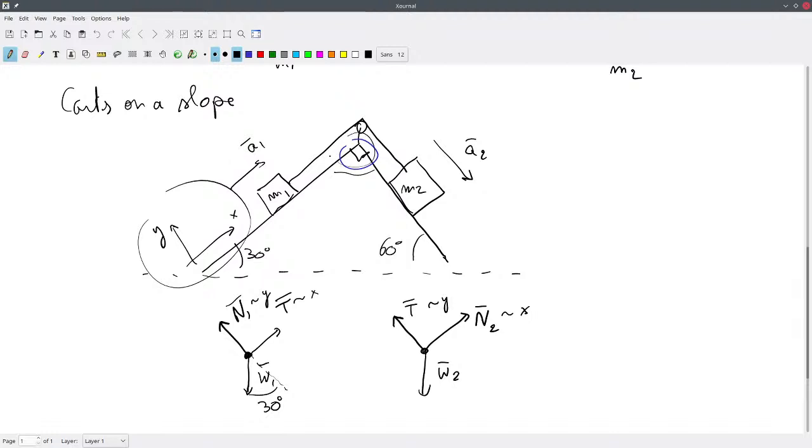Just the choice of our coordinate system and the fact that I picked this right angle makes this a little bit easier. Since this is 60 degrees, this will actually also be, again, 30 degrees. So we have a very similar free body diagram in both cases.